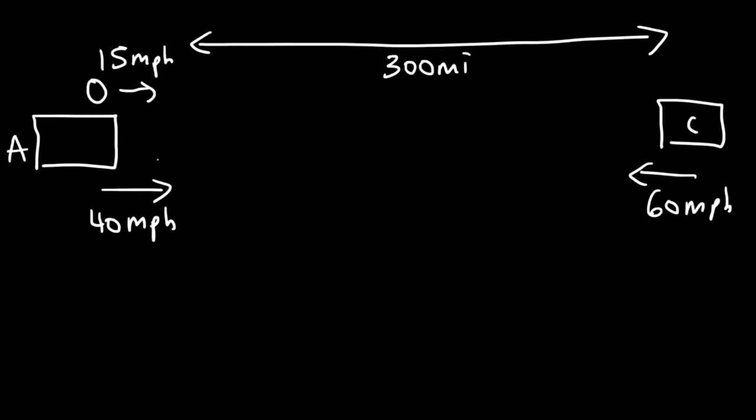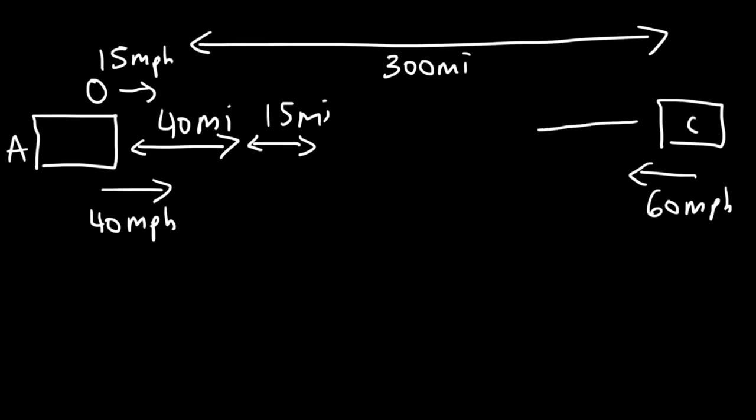So in 1 hour, car A is going to move a distance of 40 miles. On top of that, in 1 hour, the ball is going to move an extra 15 miles beyond car A. And car C in 1 hour is going to move a distance of 60 miles.